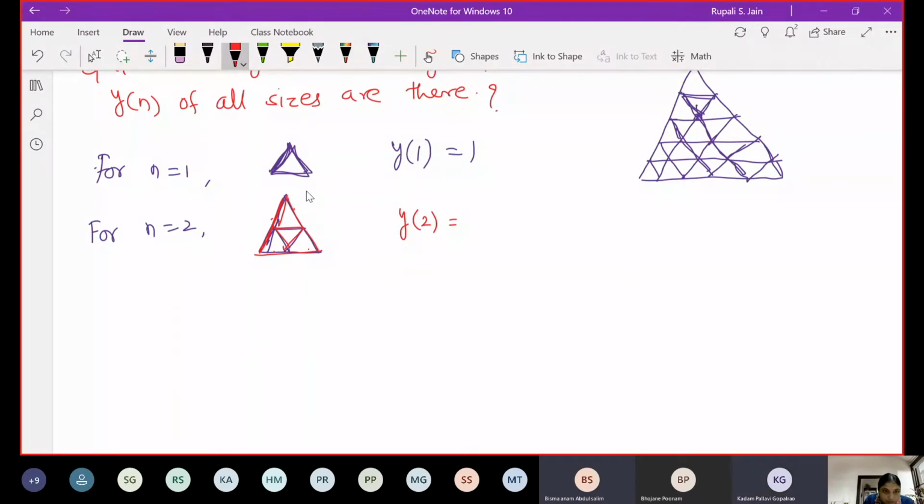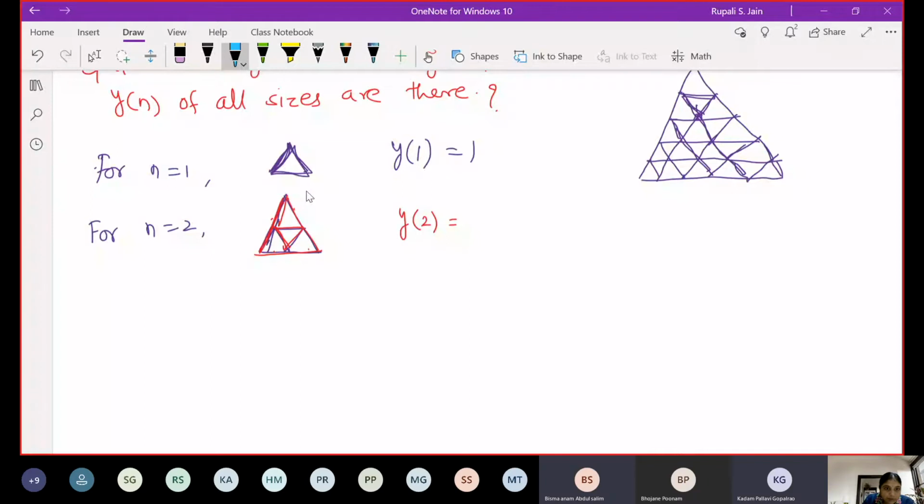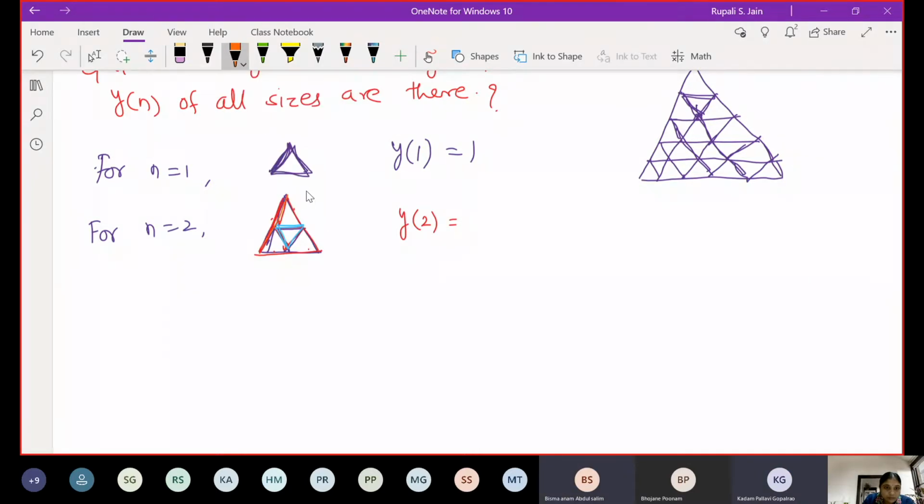So this triangle you should not take. This is also a triangle, but I don't consider it because it is not an upward pointing triangle. Which are the upward pointing triangles? This original one first, then this is second, third, and fourth.